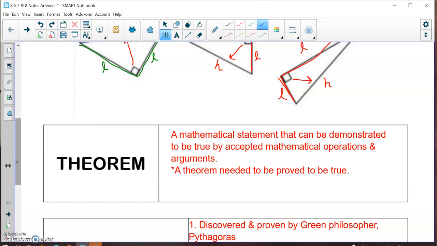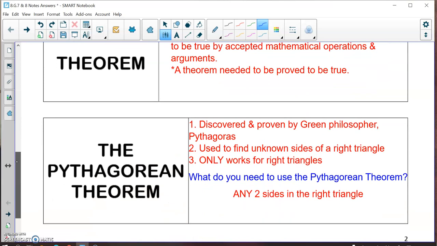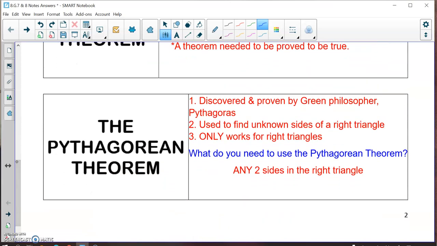Now, when mathematicians back in the day came up with these theorems, they weren't exactly known to be facts. They needed to prove that their theorem or their mathematical idea was true. So when the Greek philosopher Pythagoras created the Pythagorean theorem, he also needed to prove that it worked.